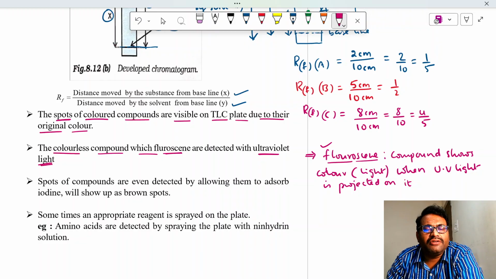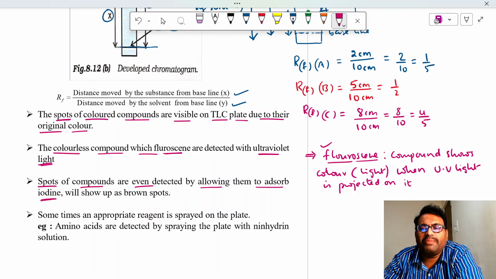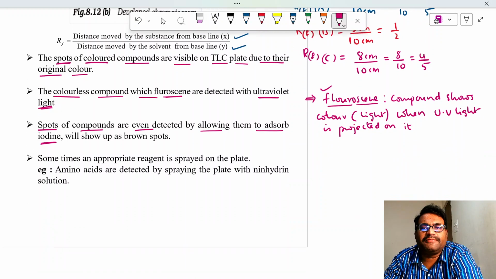Next, spots of the compounds are also detected by allowing them to absorb iodine. Some compounds, when they absorb iodine, show brown color. So these compounds are sprayed with iodine, and when they are sprayed with iodine, they automatically show brown color.